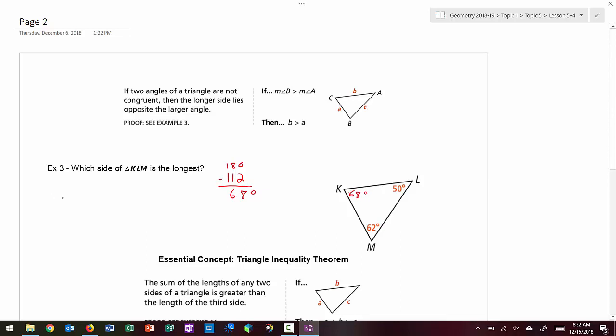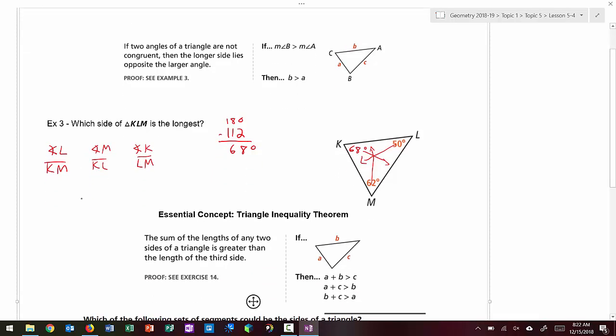So if I'm ranking these from smallest to largest, I have angle L, I have angle M, and then I have angle K. And if we use that to figure out our side lengths, straight across from our smallest angle is our shortest side. That's side KM. Straight across from angle M is our next one, so that's side KL. And then straight across from angle K is side LM.